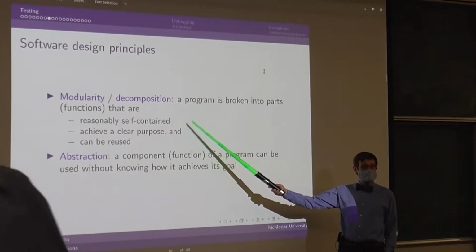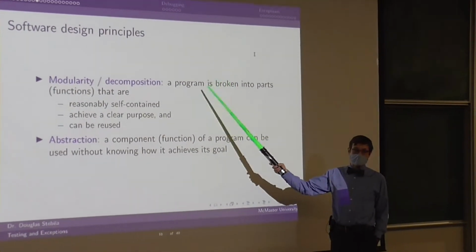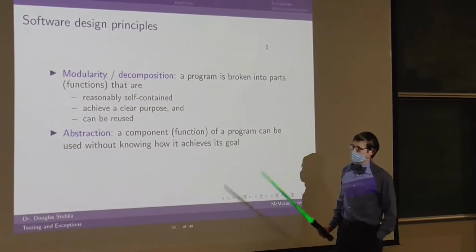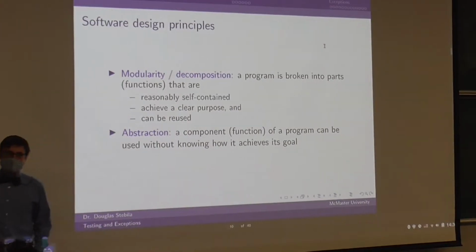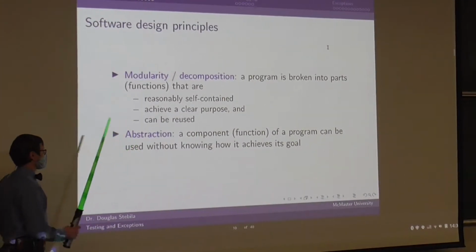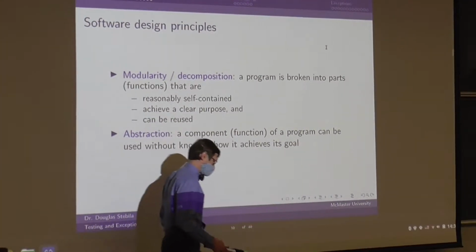Being able to do this means the difference between being someone who can be employed writing software and someone who can't. So, the other big word in software design is abstraction.